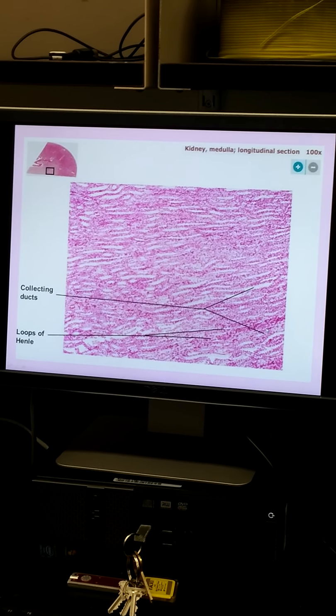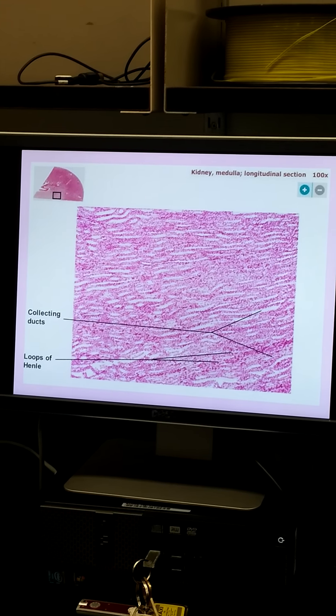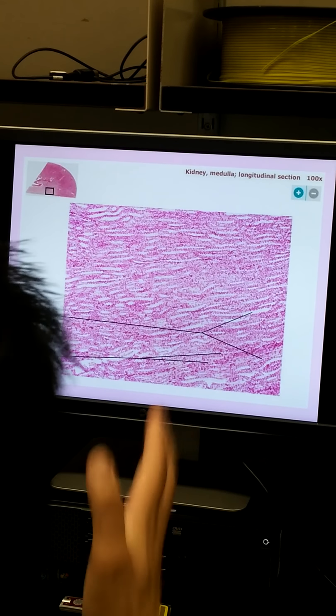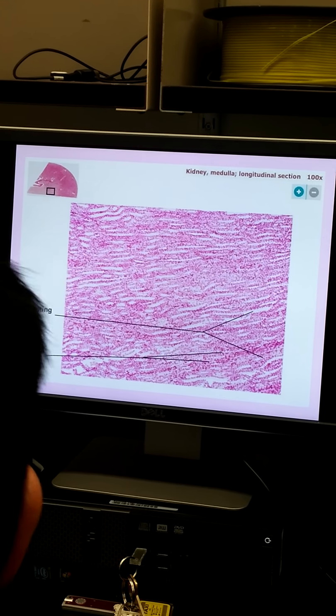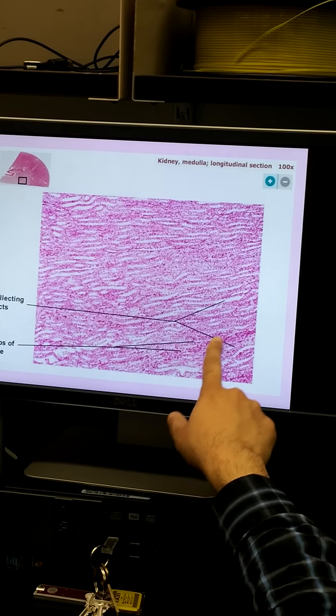So why is that? You know enough, Mariam, to answer that question. Why is the region of the loops of Henle darker on the histology section?